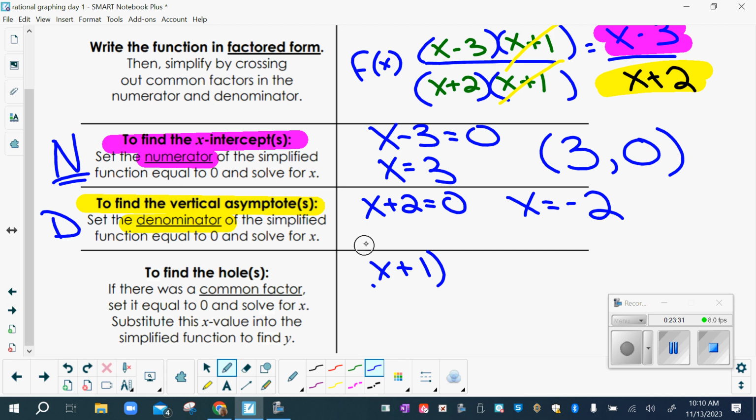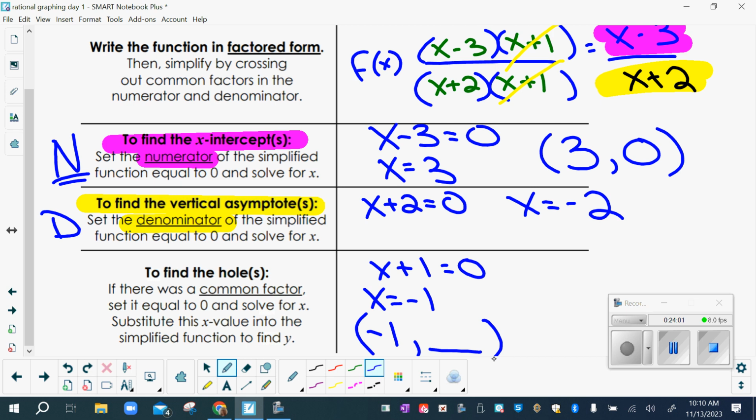So we're going to say x plus 1 equals 0, or x equals -1. Now there's a little bit of an issue here. This is a point. It's -1 comma something. And we need to get that something. This is the only math that you have to do. And it's not hard. We've got to take that -1 and plug it into our fraction up here.